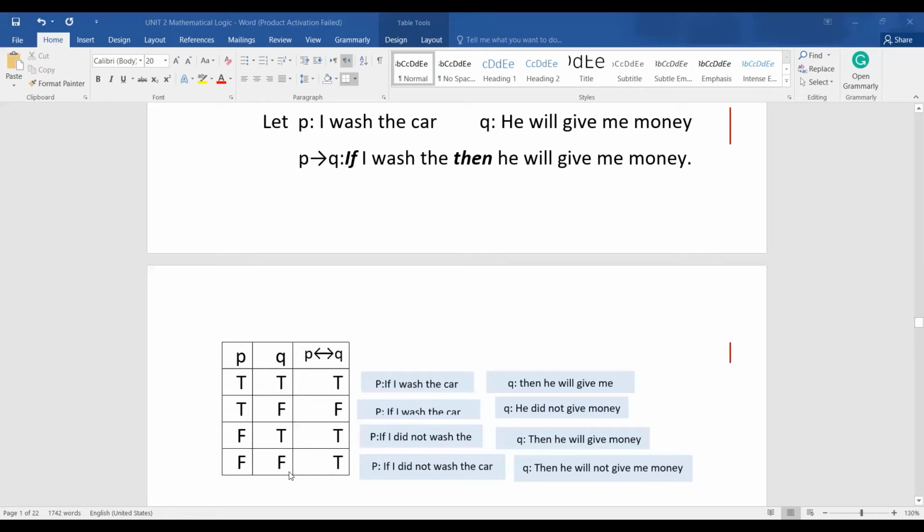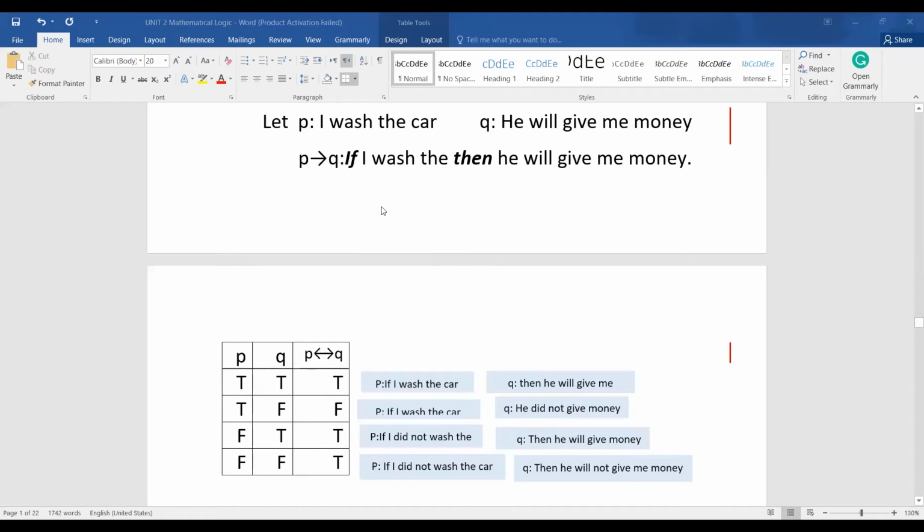Hello. Okay, so what I am not able to understand here is, are we considering the first line to be correct? You're saying the second statement, Q? Yes, by default it is: he will give me money.